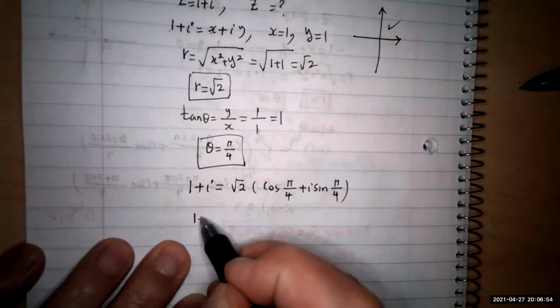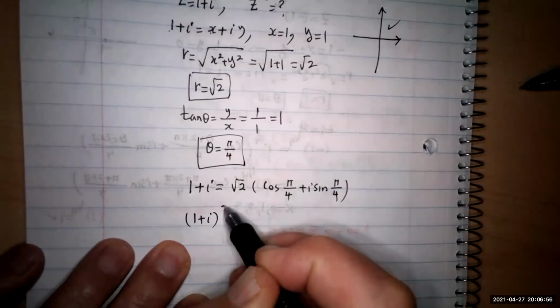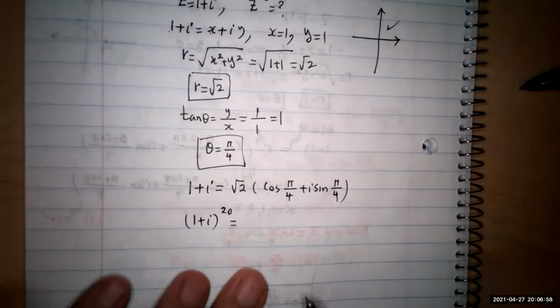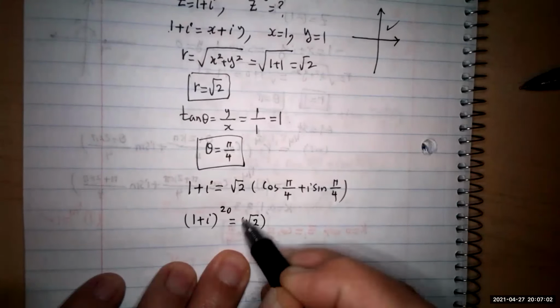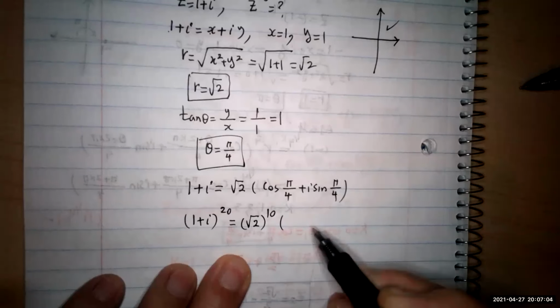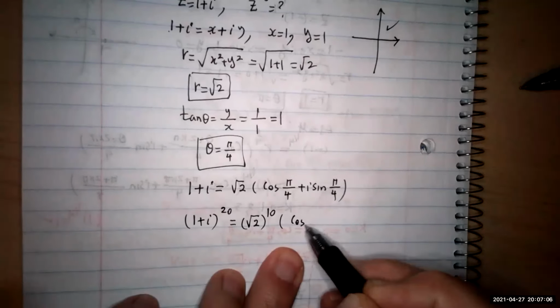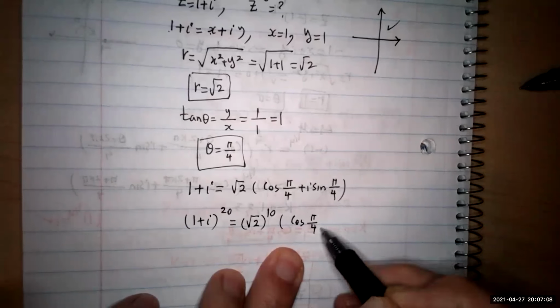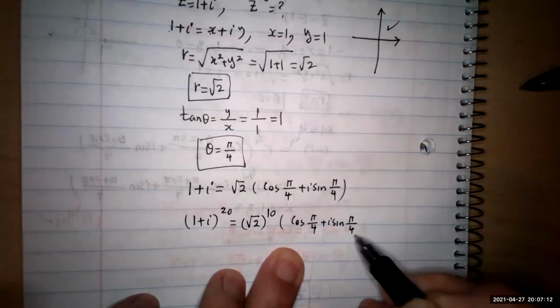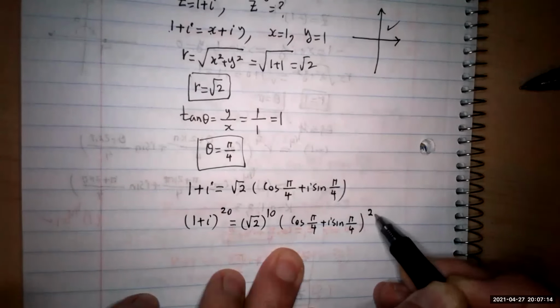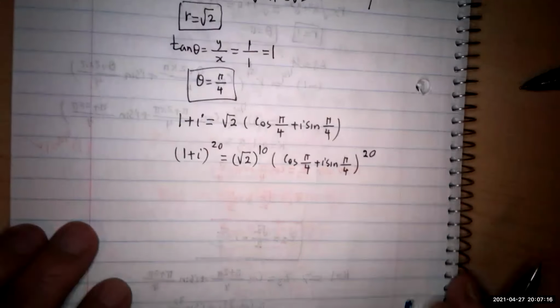It's going to be 1 plus i to the 20, equal to radical 2 to the 20, and then cosine of pi over 4 plus i sine of pi over 4, raised to 20. That's going to be the case.